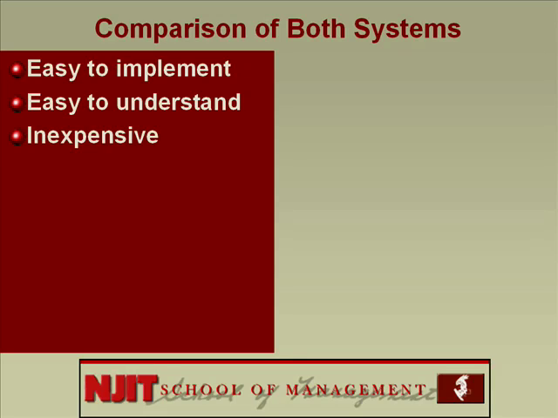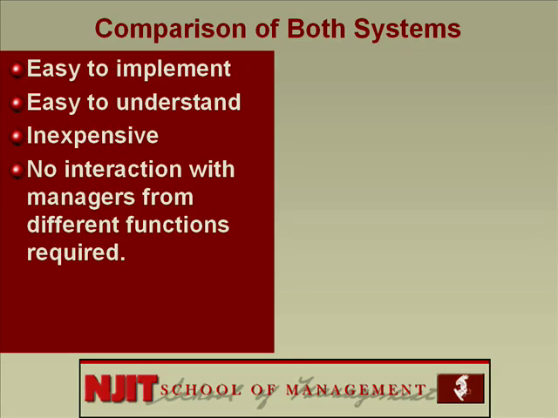Best of all for the accountant, they don't really need to interact with managers from different functions. No interaction required. So the accountant could stay in his or her booth and just come up with the system.